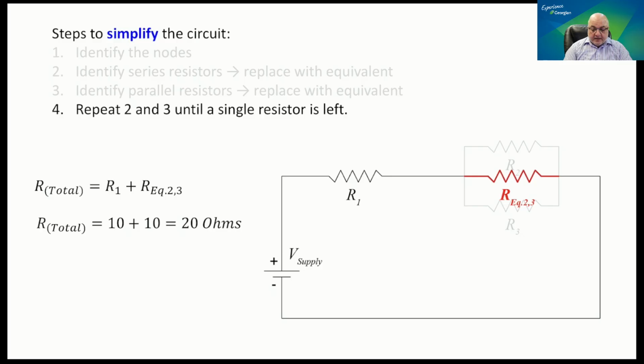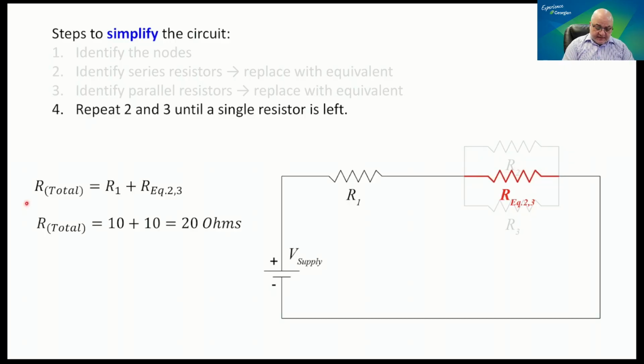Now it becomes obvious that R1 and R equivalent 2 and 3 are in series. Why? Because of the previous rule we talked about, you know that the current passing through R1 is also passing in its entirety through R equivalent 2 and 3.